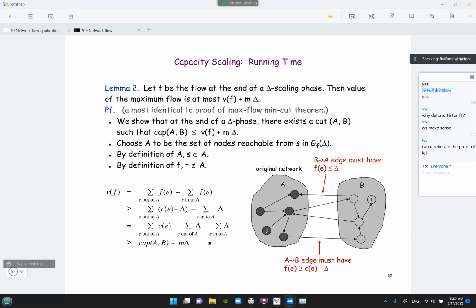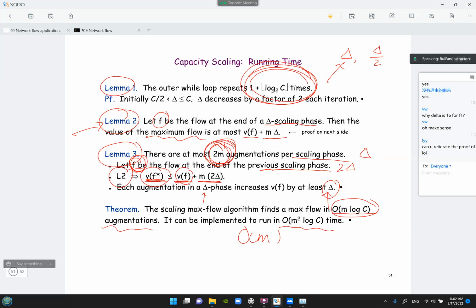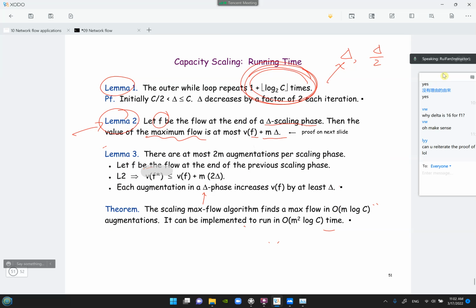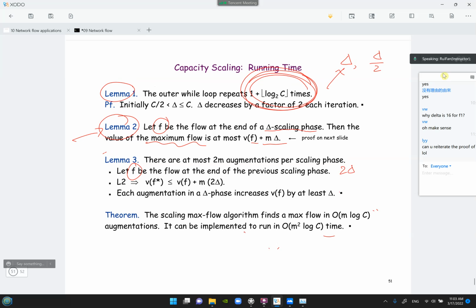Okay, so for lemma 3, let me erase some stuff. The idea here is that by lemma 2, we know that whatever flow you found in the previous phase, the 2 delta phase, the maximum flow is no more than that previous flow plus m times 2 delta.